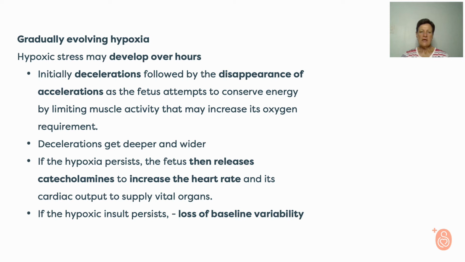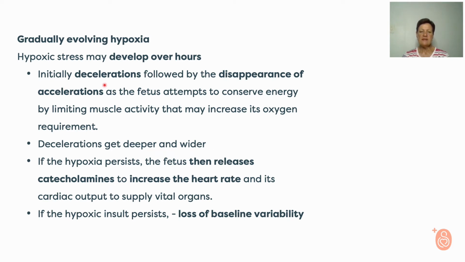Our second group of hypoxia is the gradually developing or evolving hypoxia, and this is the most common group. It develops over hours. We usually get a normal fetal heart rate, and then gradually signs of fetal hypoxia develop.